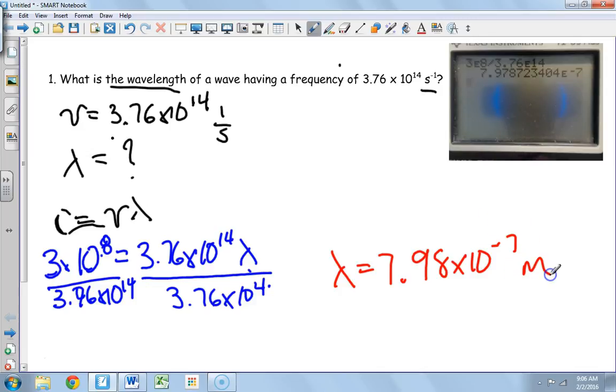This is in meters, and you can look up on the electromagnetic spectrum to see what that actually is. What kind of wavelength of light that is, because that's the other part of the question.